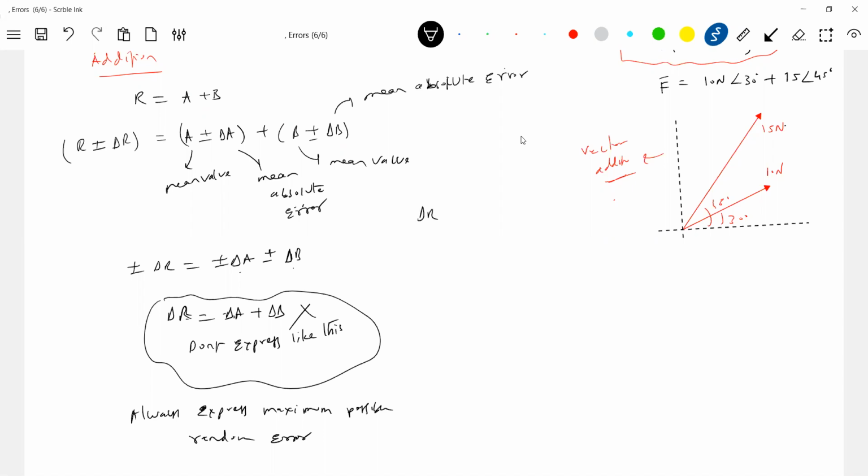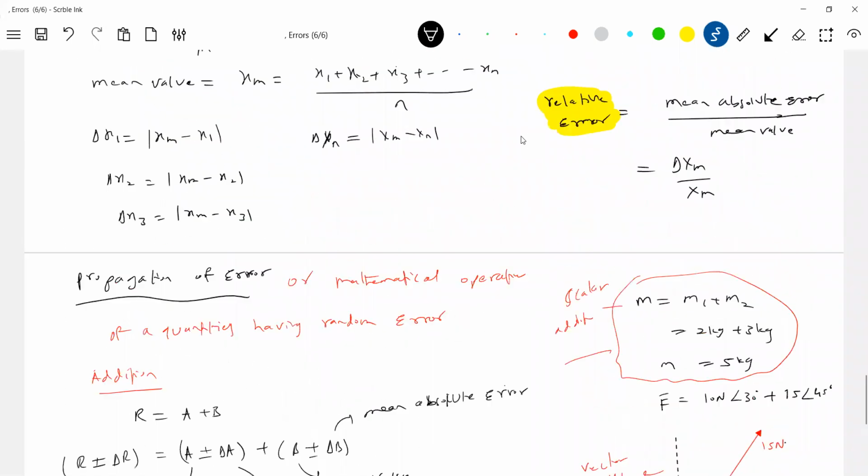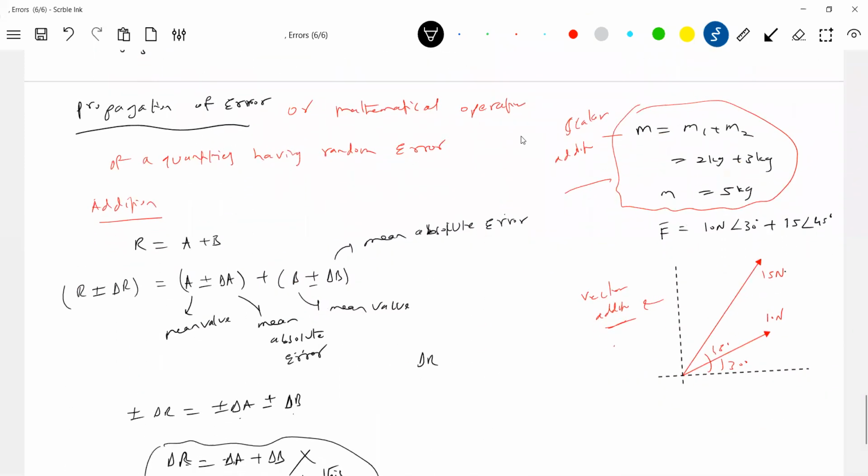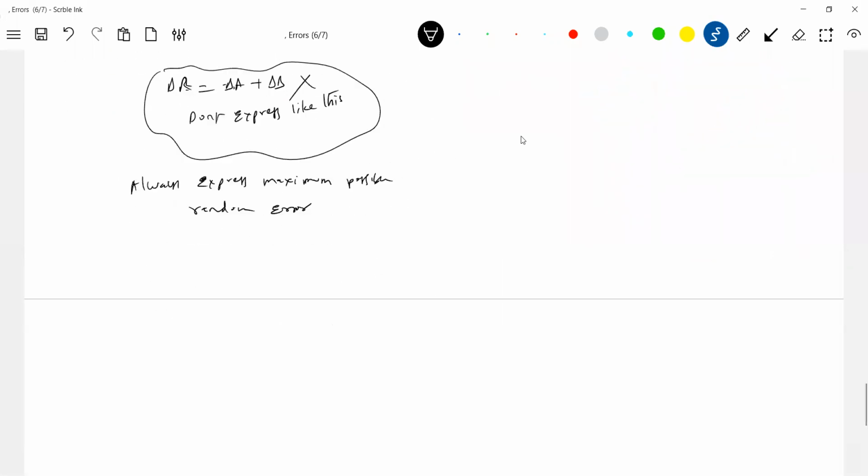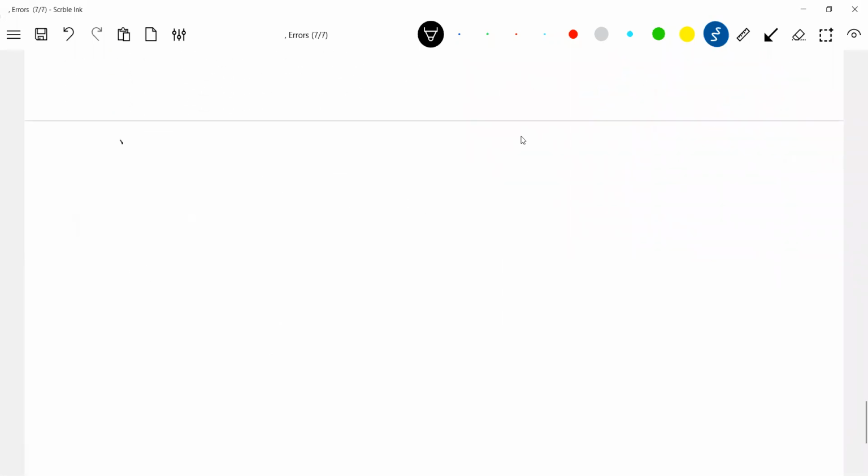Then what will happen to the relative error? Relative errors are not additive. Delta R by R is not equal to the sum of the relative errors. Mean absolute errors are additive. So when you add two quantities having random error, the mean absolute errors are additive. What about subtraction? I think it will be the same, no?